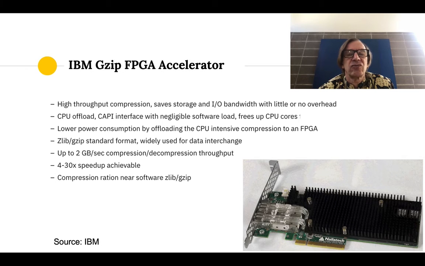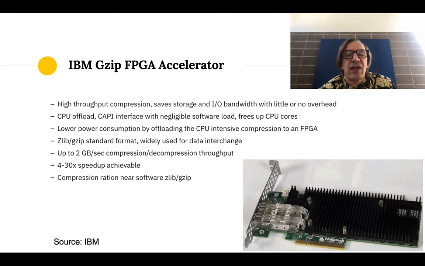Very little software load. And it frees up the CPU cores, compared to handling the function in software or working with I/O-based drivers. FPGAs generally have a power efficiency benefit, and the same is true here.